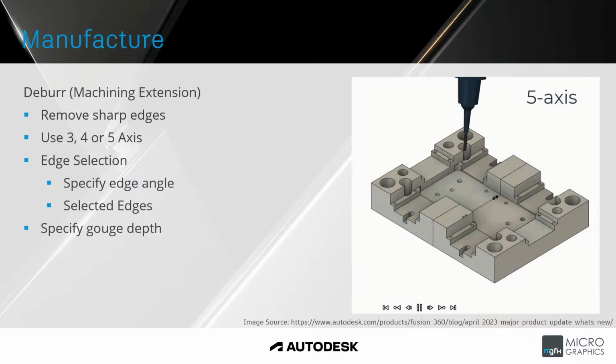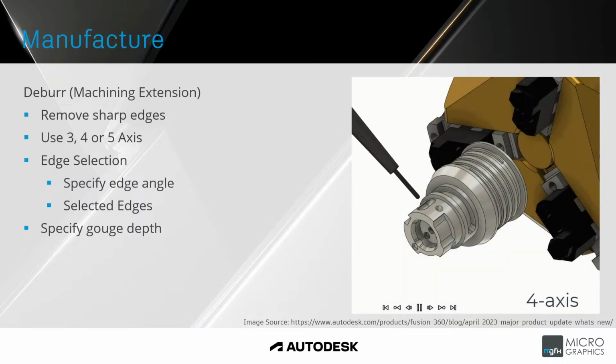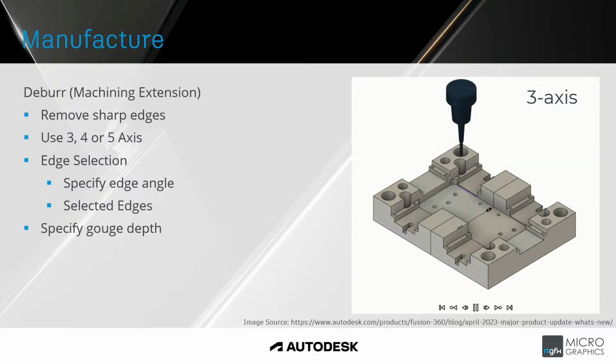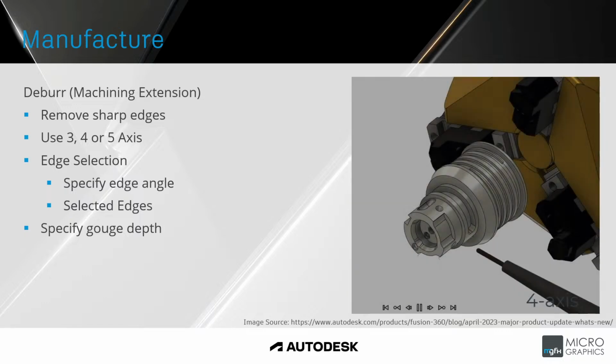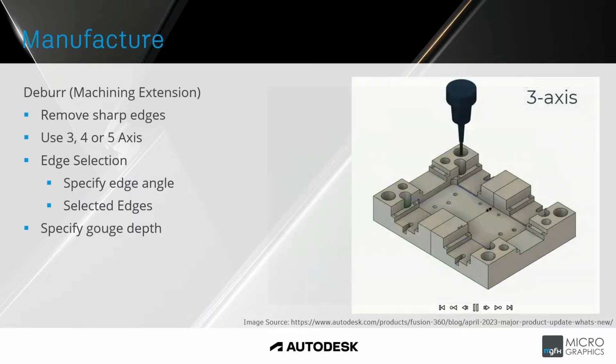And then 5th axis, you've got your full 5-axis simultaneous deburring. And with this deburr, you essentially specify what we call the gouge depth. So you want to remove, let's say, 0.2 millimeters of material from that corner to remove the burr that's potentially on that edge. That's the deburr operation.